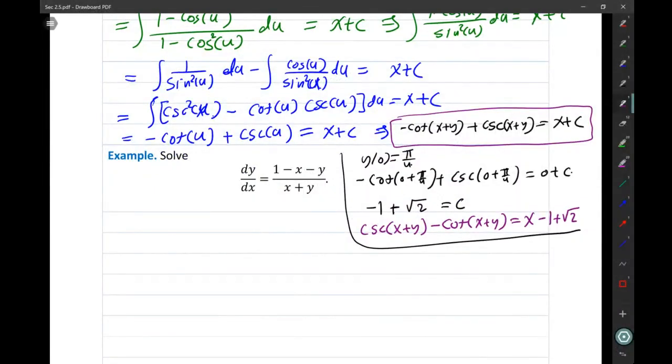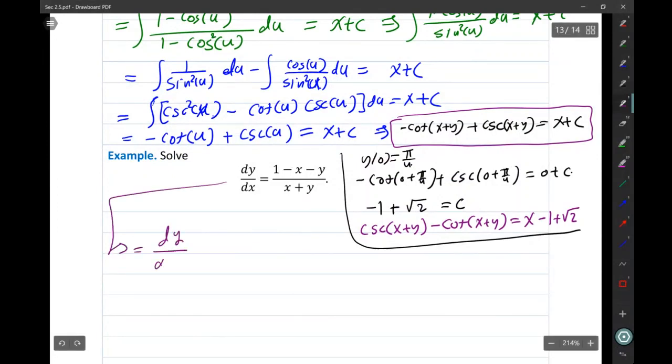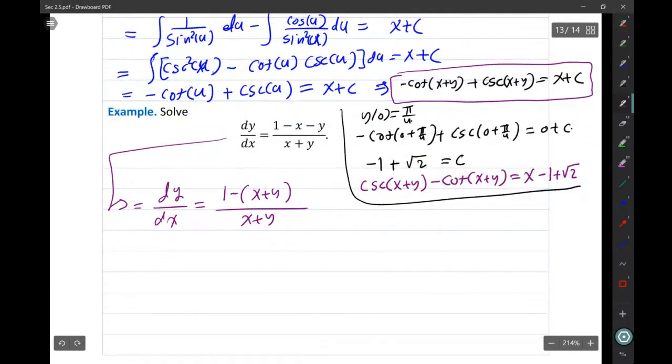First of all, notice that this equation can be written as dy by dx is equal to 1 minus of x plus y divided by x plus y. Then what's the best u substitution to take here? You will have to take u to be x plus y.